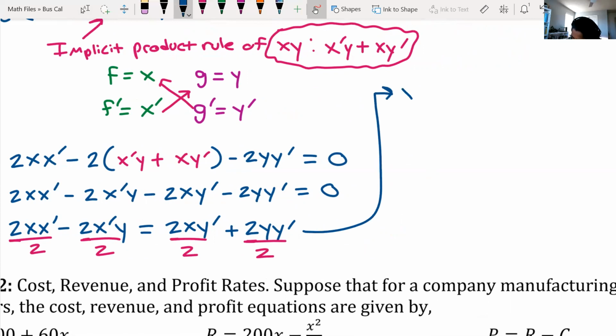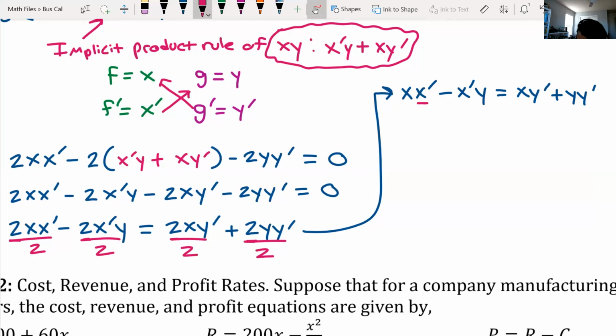Which means you'll have x prime minus x prime y equal to xy prime plus yy prime. Okay, so all I did was divide everything by 2, take some work off of us, and now we're solving for x prime.